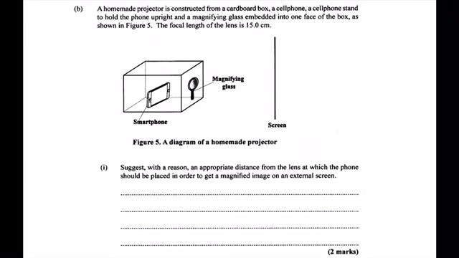A homemade projector: suggest, with a reason, an appropriate distance from the lens at which to place your phone to get a magnified image. If it's a magnifying glass, it's a convex lens, so you would put it between F and 2F. F is the focal length.